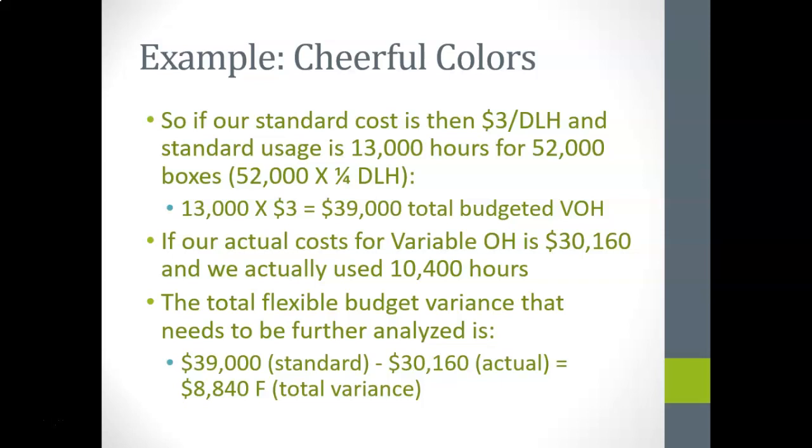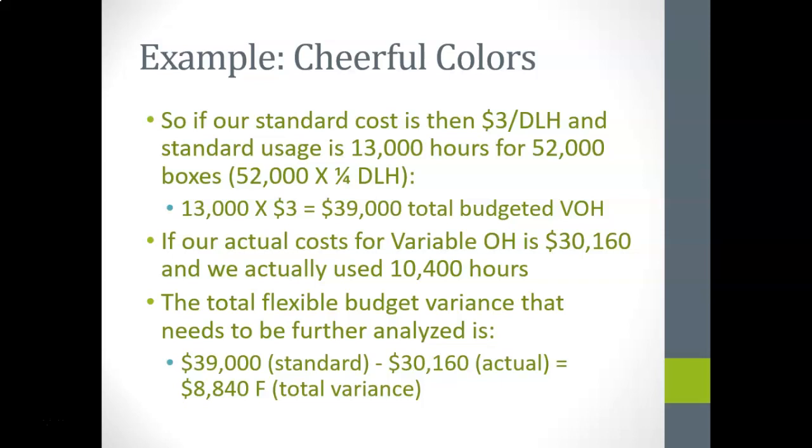Recall from part 1, we were told that the standard of direct labor hours is a quarter of an hour for every box of crayons. So the 52,000 boxes of crayons that we sold times a quarter of an hour for each one is the 13,000 hours that we expect to use of direct labor hours.